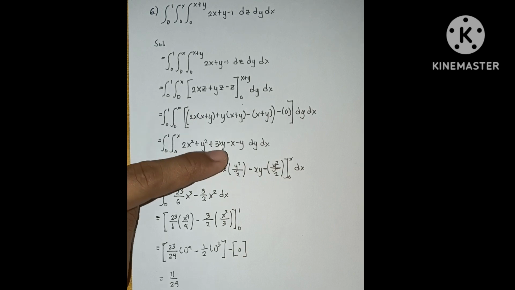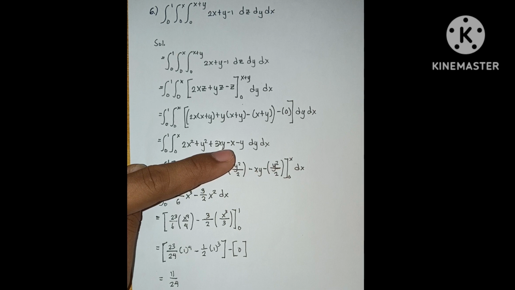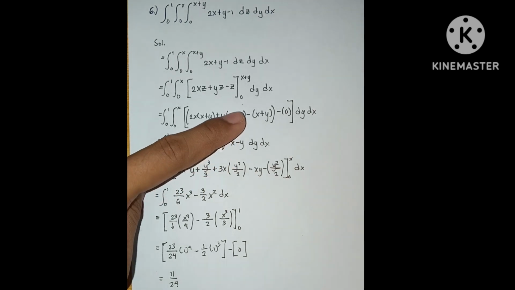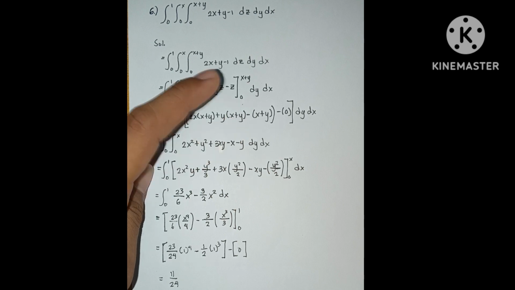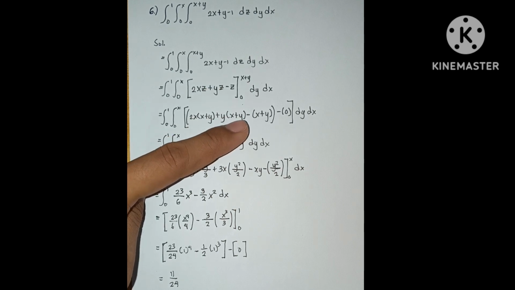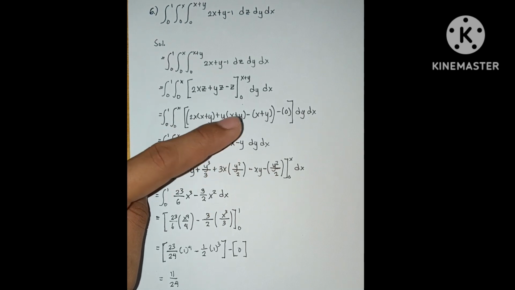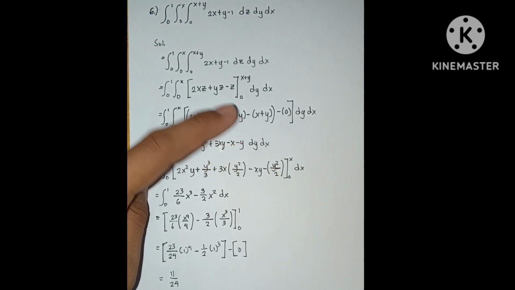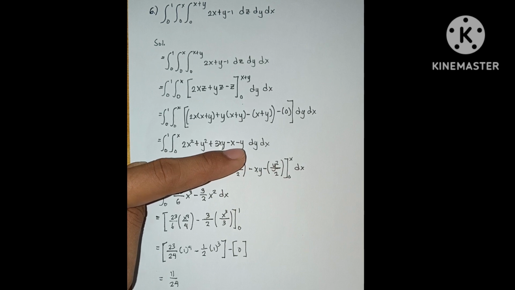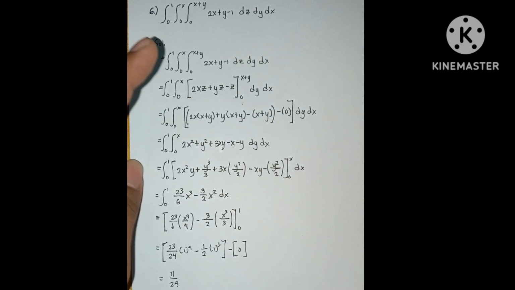We're just going to add, so we have 2xy plus xy is 3xy. Next, we change the sign since this is negative. So we multiply negative x, and negative times y gives negative y. This is with respect to x and y.